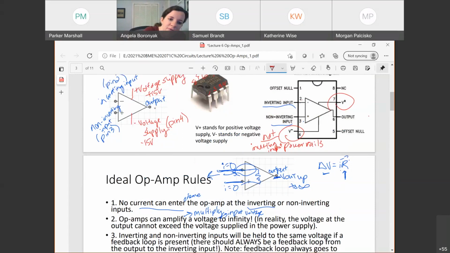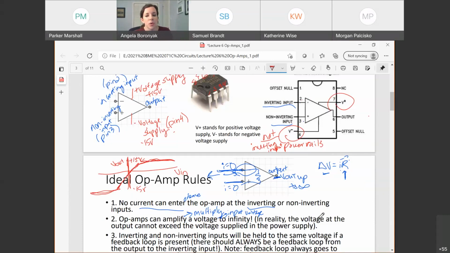If I were to graph my voltage out on my y-axis versus my voltage in that I apply from one of these inputs, or the difference between those inputs, I will reach an asymptote at negative 15 volts and positive 15 volts. So it might look from here like I could keep multiplying to get V out to forever, but once I get up to positive 15, it's going to flatten like this. And when I get down to negative 15, it's also going to flatten.